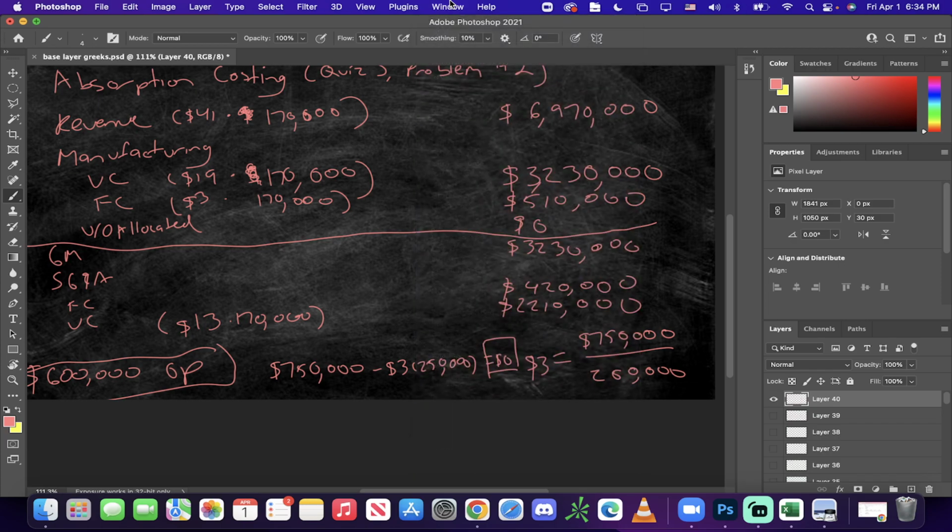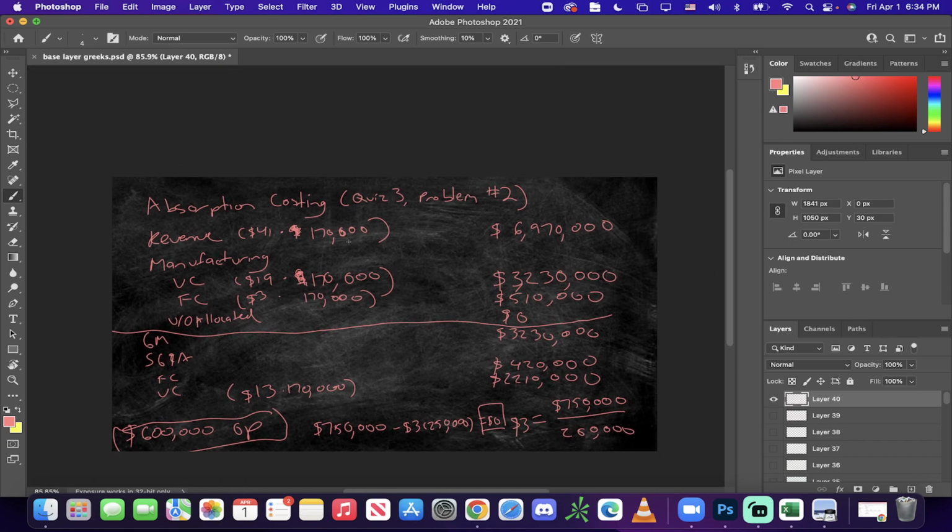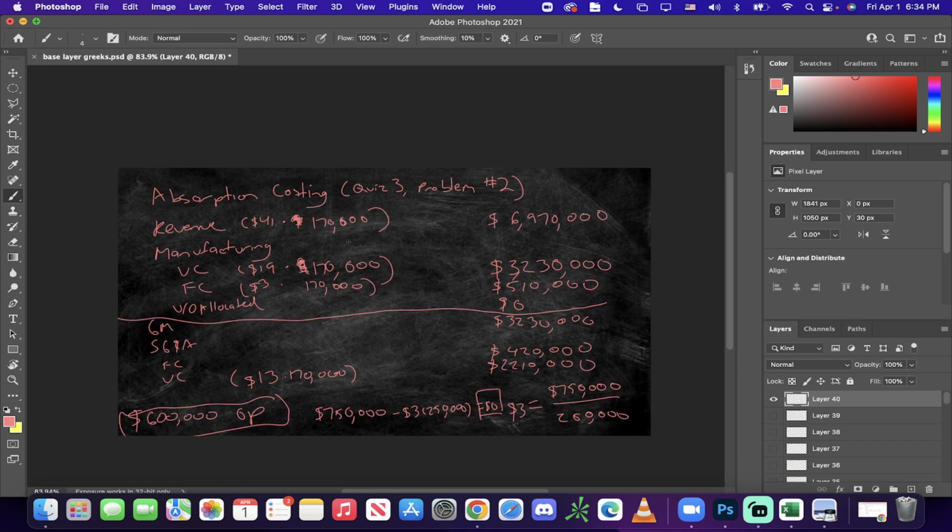So the SG&A variable cost is 400, or no, 2.21 million. Yep. Okay. And the fixed cost is 420,000.